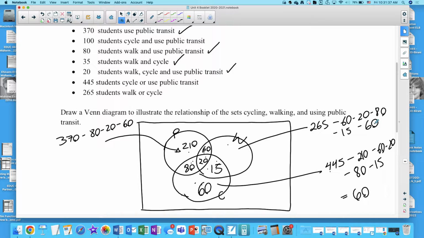Is it 30? Okay. Are we done? No, what are we missing? The universal, exactly, yeah. So that's where we can now say, okay, the universal is going to be 750 minus anything in the subsets.